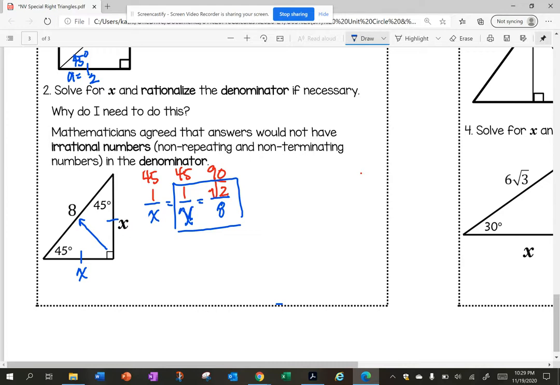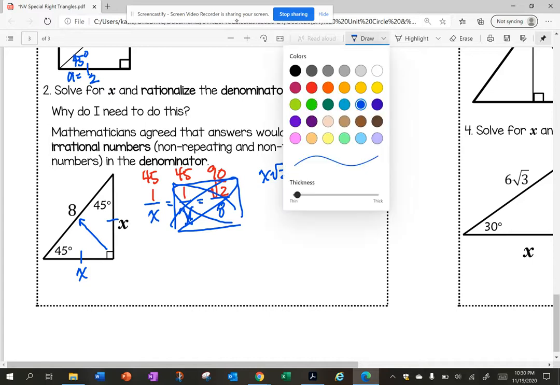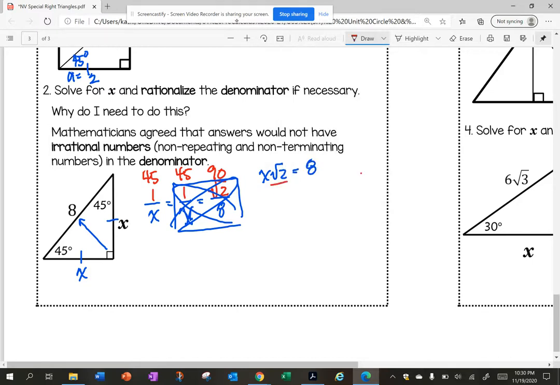So I'm going to just cross multiply. So I have x times the square root of 2 equals 8 times 1. So I want to divide by the square root of 2. Now I want to rationalize the denominator. To rationalize the denominator, I'm going to multiply by 1, and 1 looks like anything divided by itself.